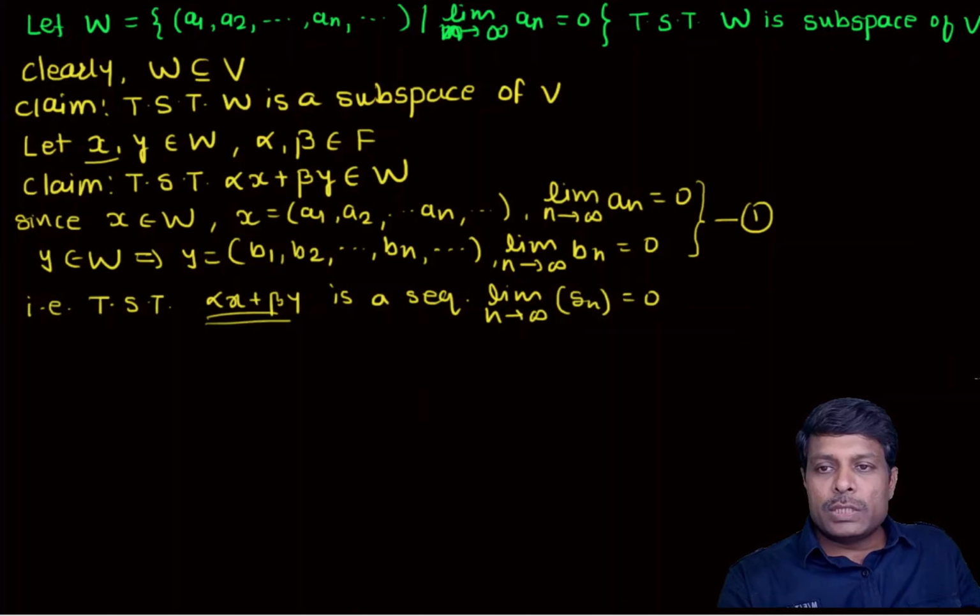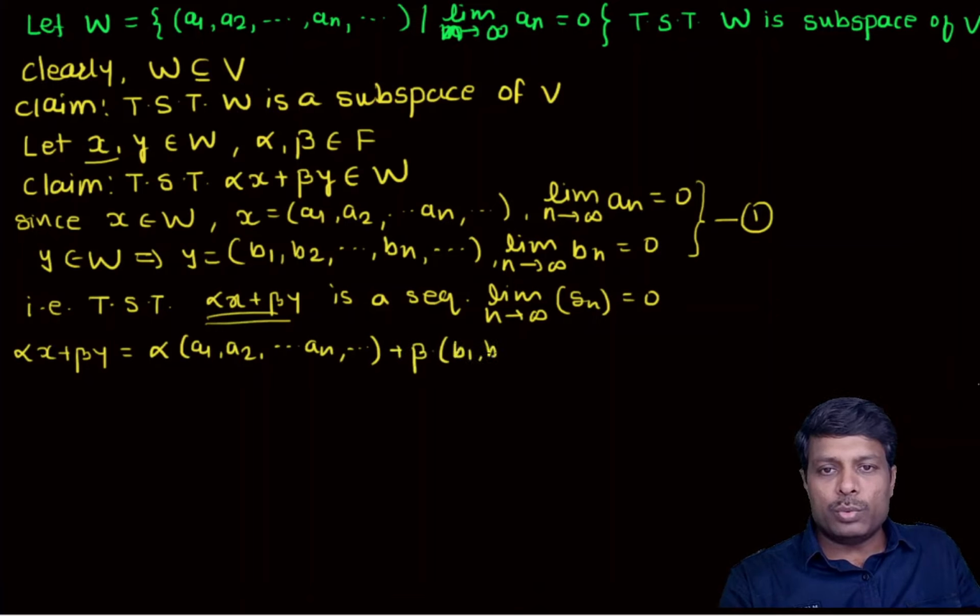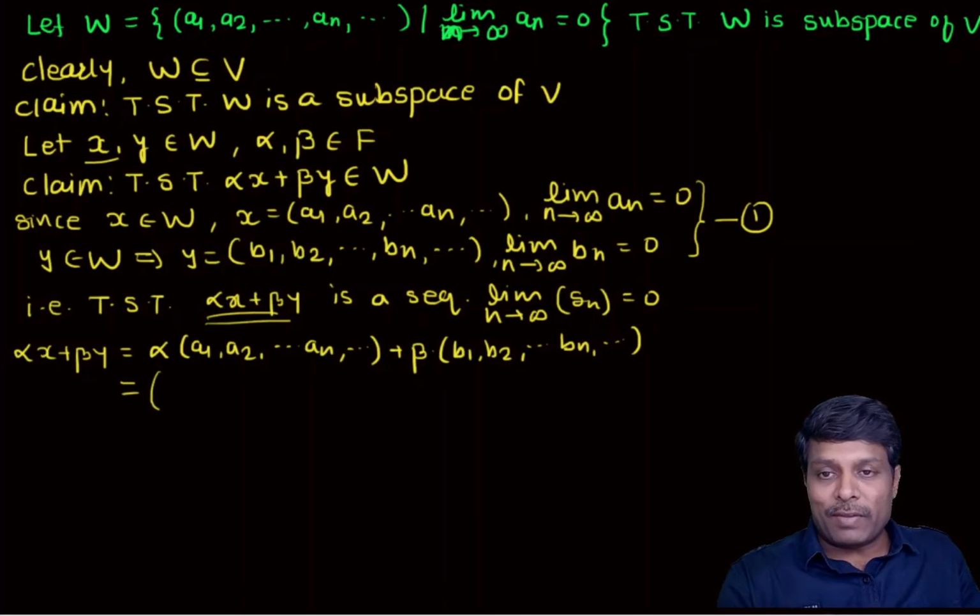Okay, so how can I create the sequence alpha x plus beta y by using two sequences x and y? So alpha x plus beta y can be written as alpha times, and what is x? a1, a2, nth term an, and so on, plus beta times b1, b2 up to bn, and so on. So after multiplying this scalar into all the terms of the sequences, I'll get another sequence, a scaled sequence.